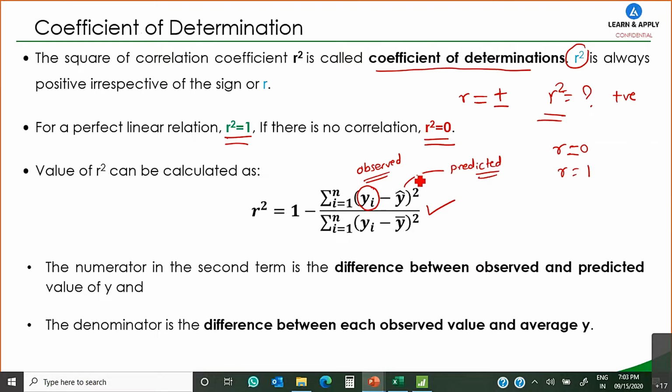Don't worry about what an observed value or a predicted value is. Yi we have already seen is an observed value, and y bar we have also seen is the average of all y's. We will go into the details with the example, so it will be clear. The denominator term is the difference between each observed value and the average, y bar.